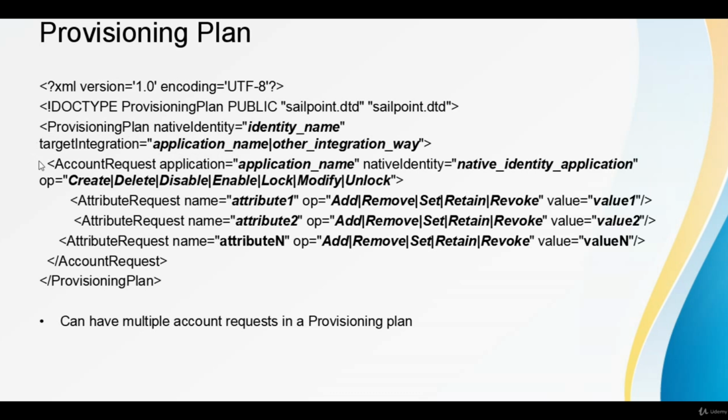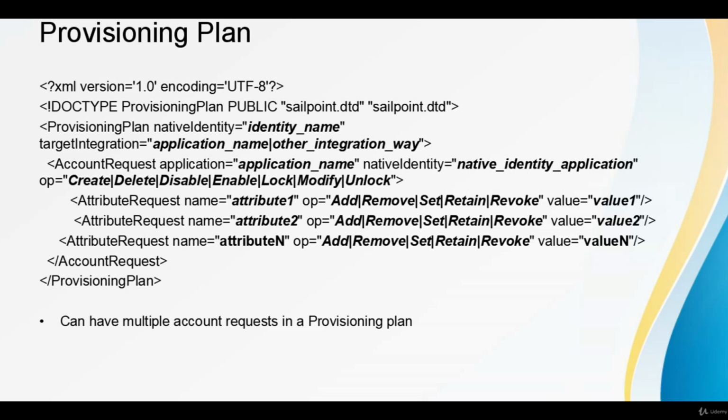Now for that identity, for which application or for which account we are trying to do the modification, or different operations like create, delete, disable, enable, lock, modify, or unlock, that information will be passed in the account request object. Again, we can see the account request object in the Java doc in a moment.